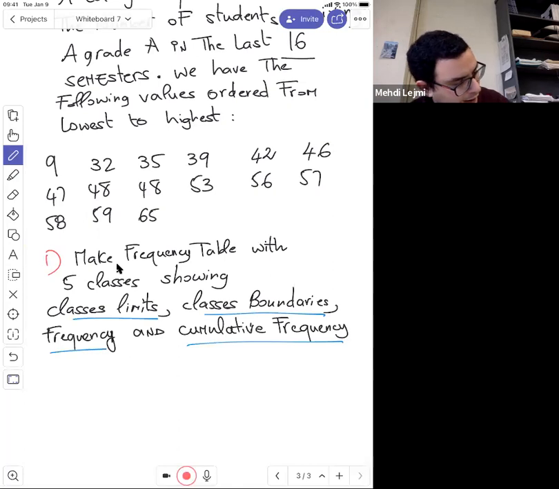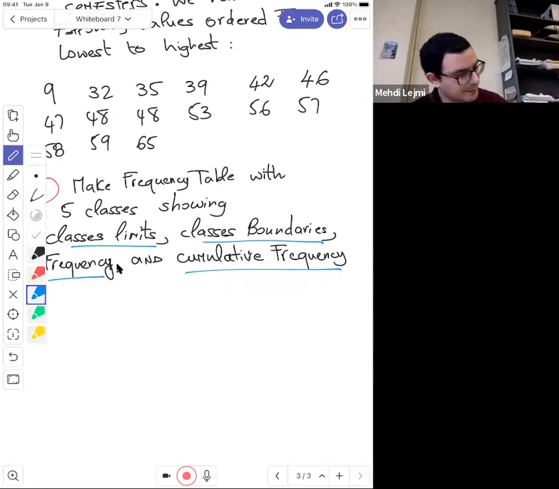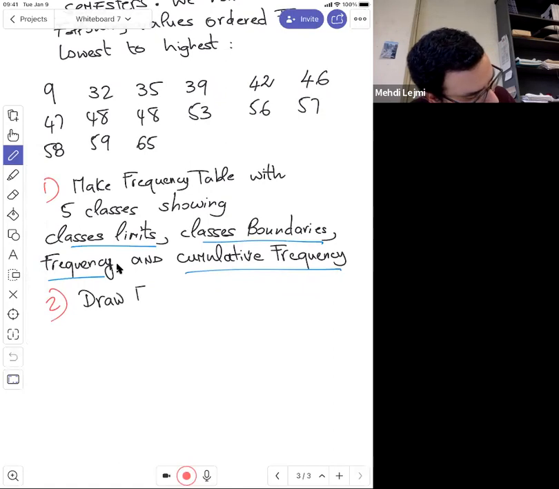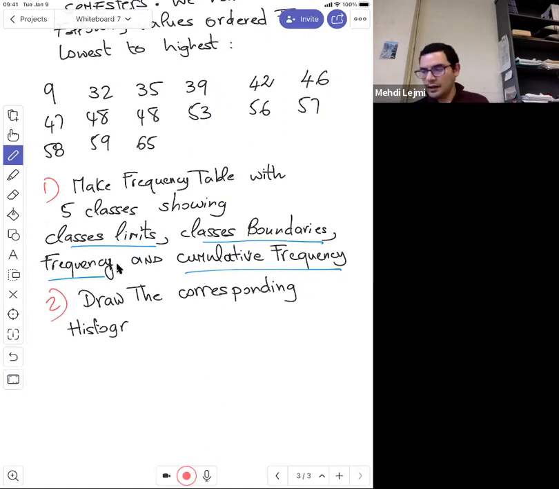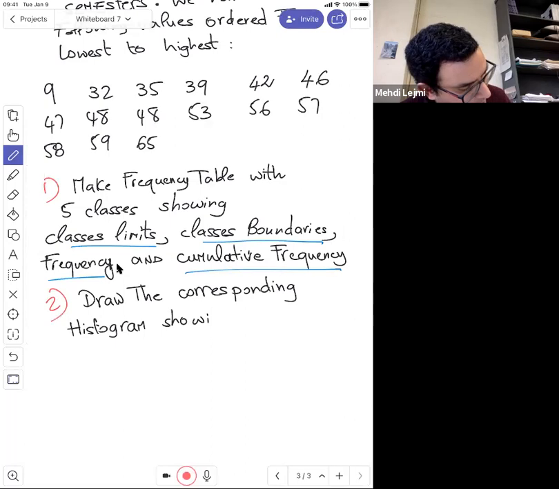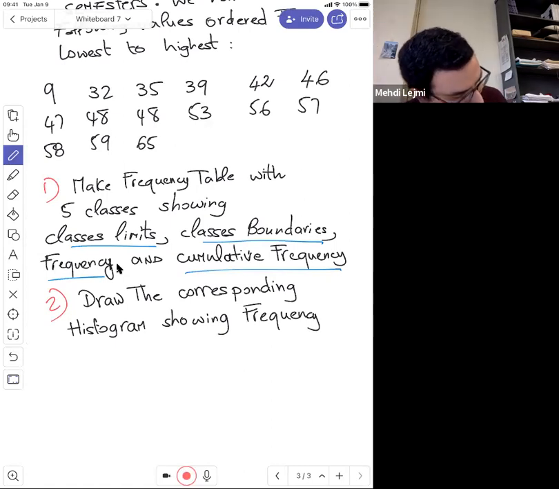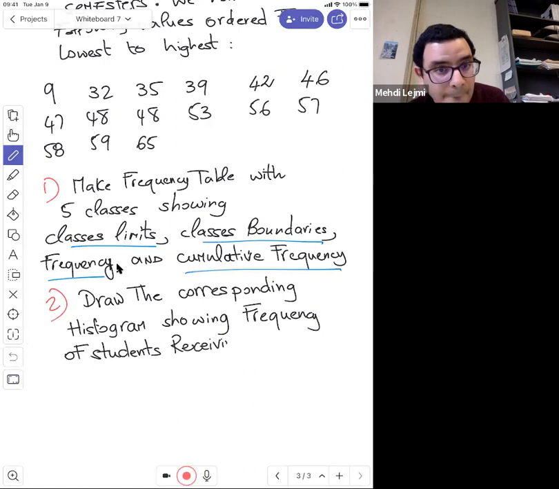All right, and then we're going to draw the corresponding histogram, showing the frequency of students receiving A. So we need to draw the corresponding histogram.